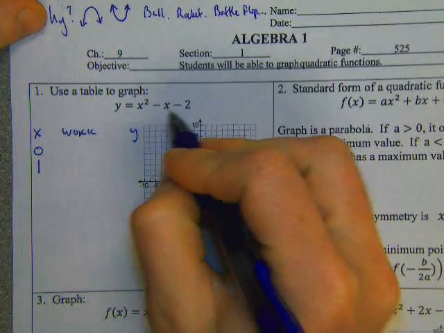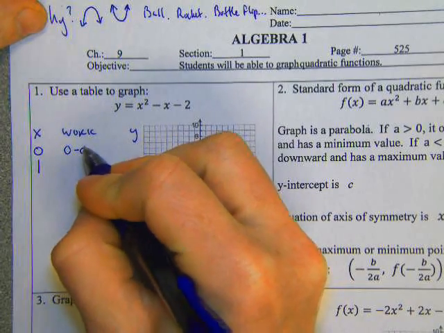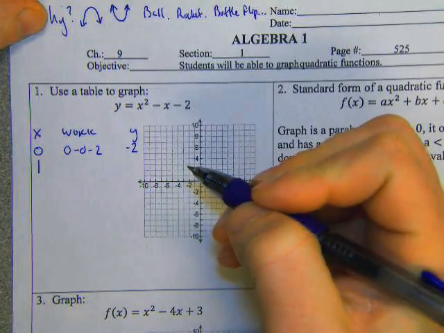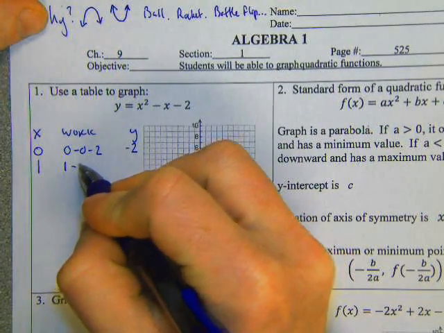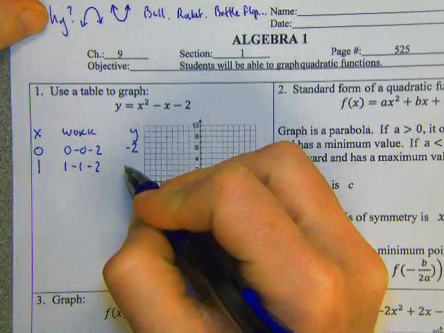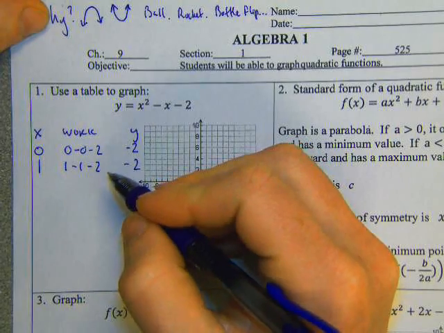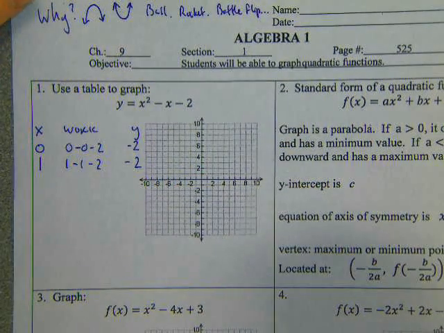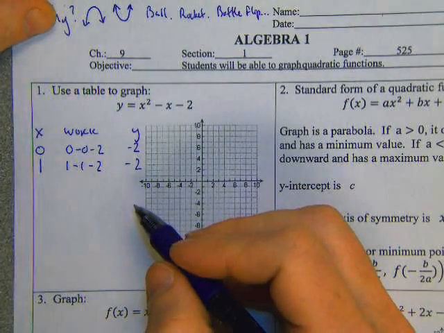When I plug them in here, I get 0 minus 0 minus 2, which is negative 2. And 1 gets me 1 minus 1 minus 2, negative 2. Those are the same.